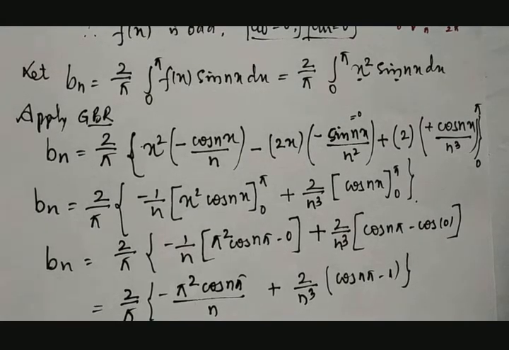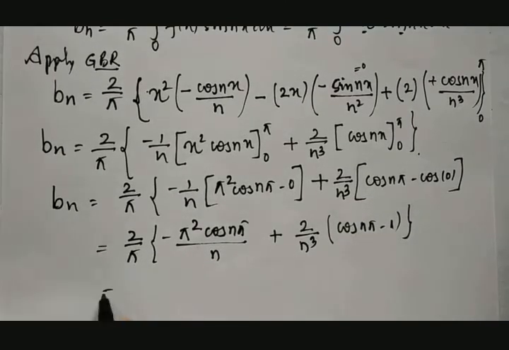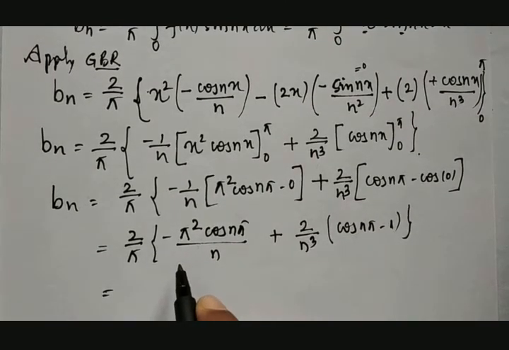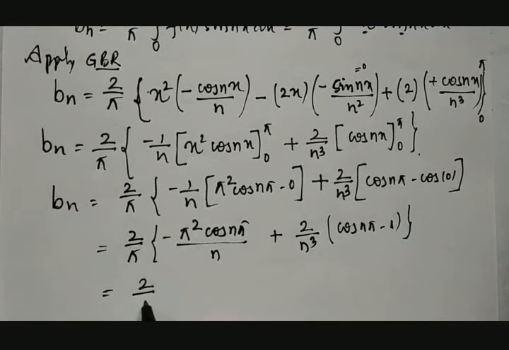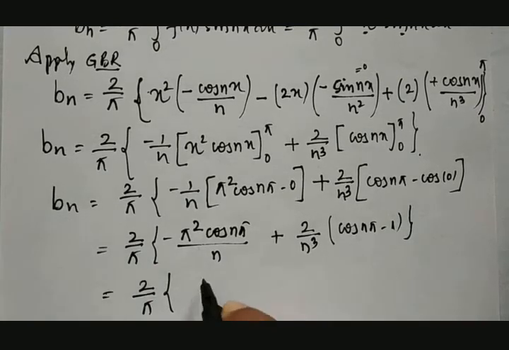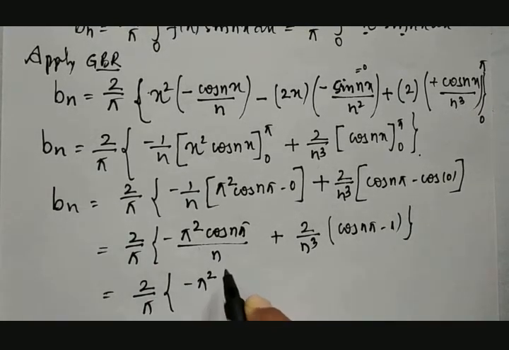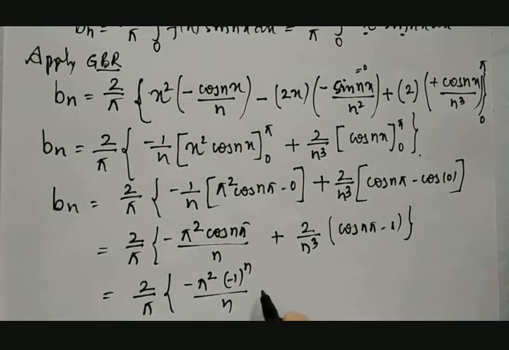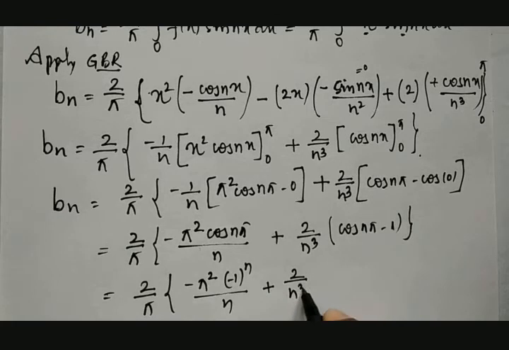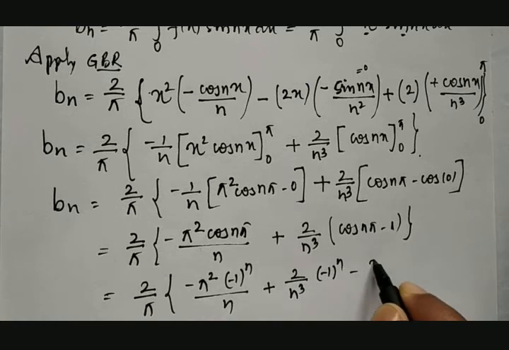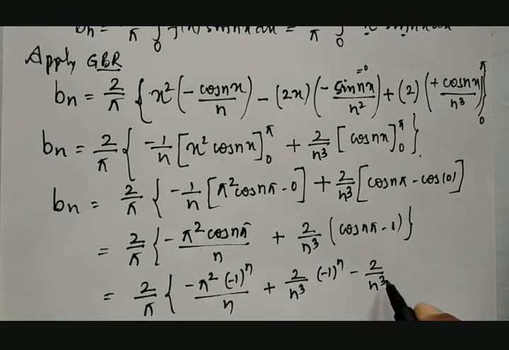Therefore this is equal to, if you take 2 divided by pi into minus pi square, this is minus 1 raised to n divided by n, plus 2 divided by n cube, I will split up the terms, minus 1 raised to n, then minus 2 divided by n cube.